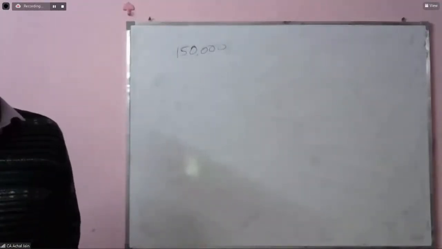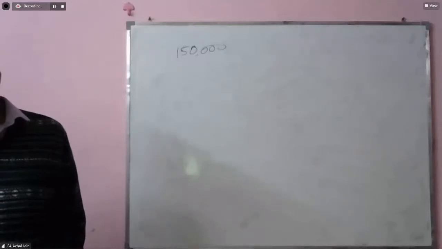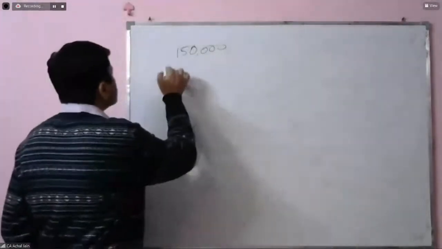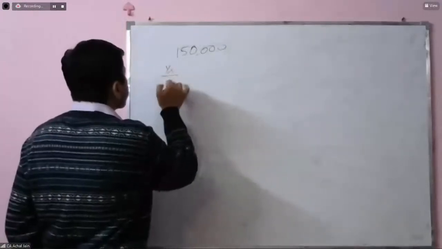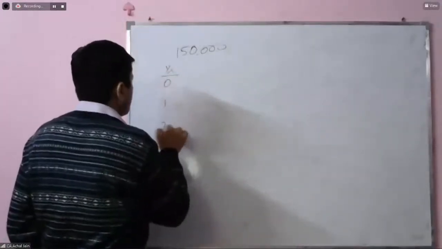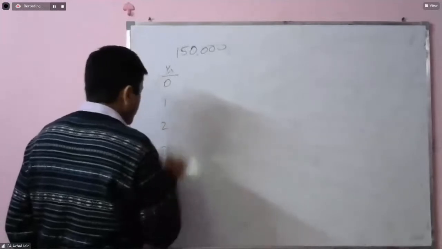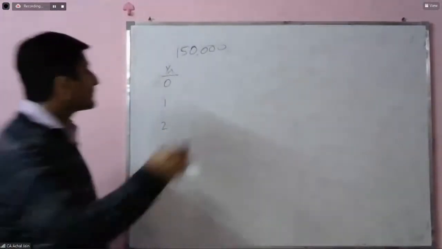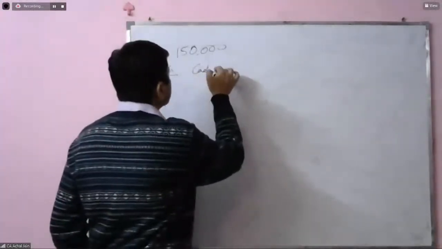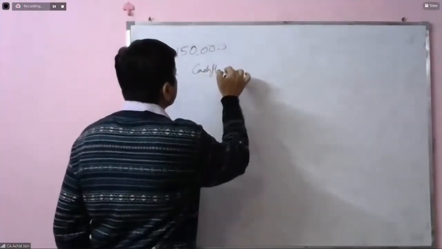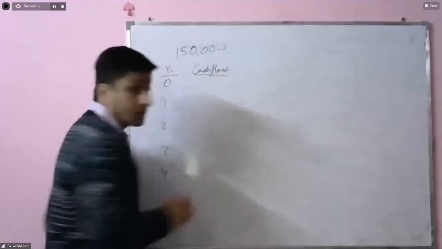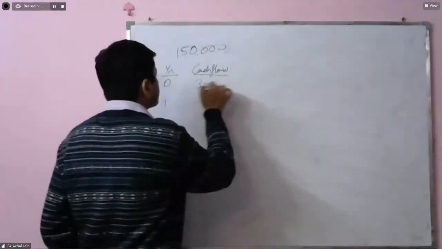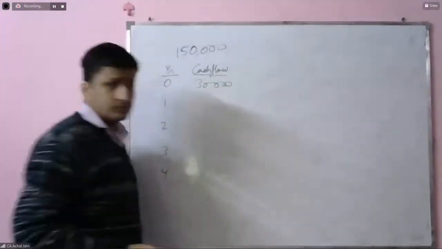Let's suppose our cash flow is for 4 years: 0, 1, 2, 3, 4. And the cash flow is, say, 30,000 on day 0.